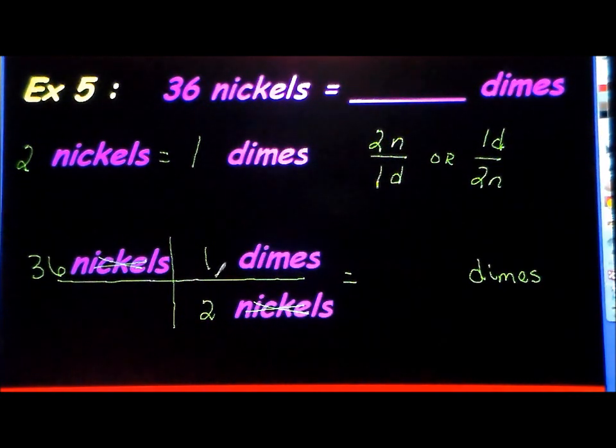So now, I don't think I need a calculator to do that. 36 divided by 2 is 18. I want 2 sig figs. I'm done. If I had 36 nickels, I could take it to the bank and they could give me 18 dimes for it. It's the same amount of money.